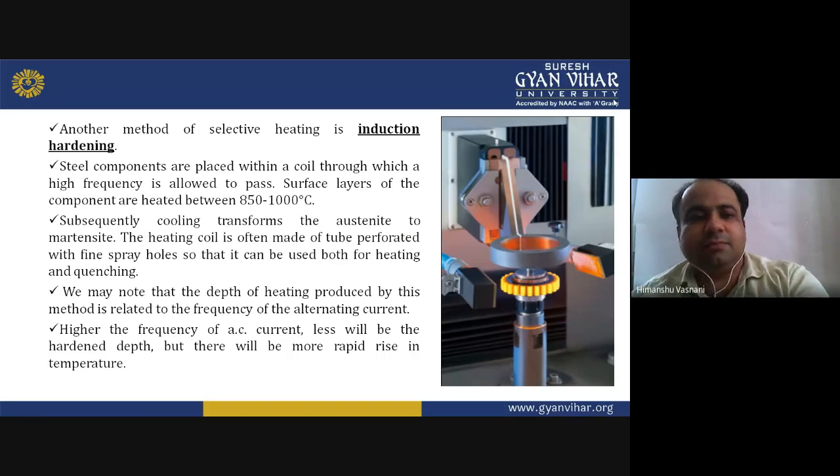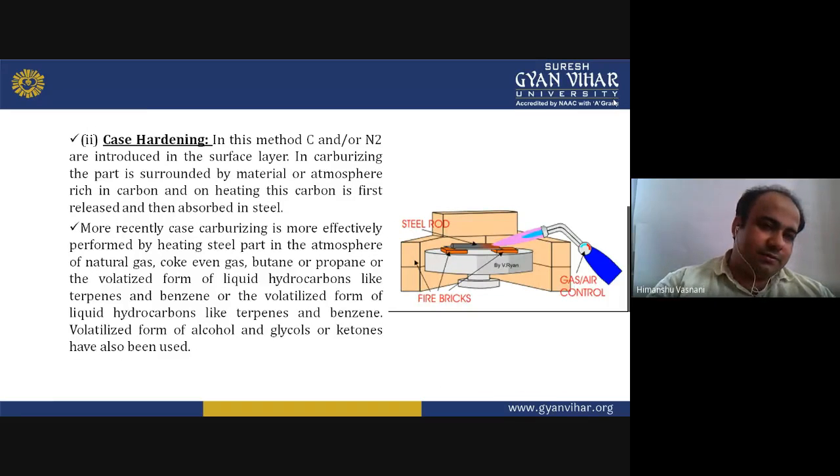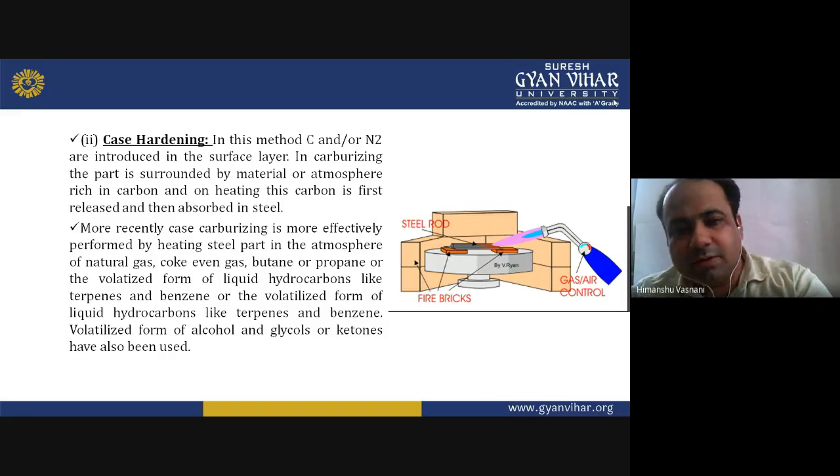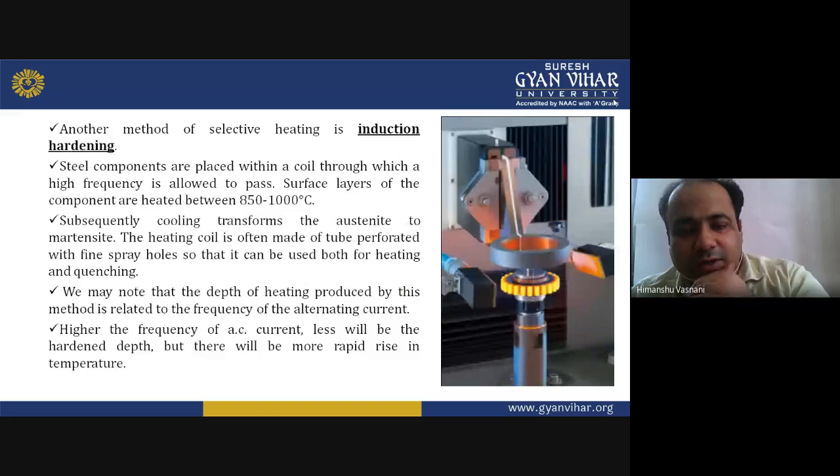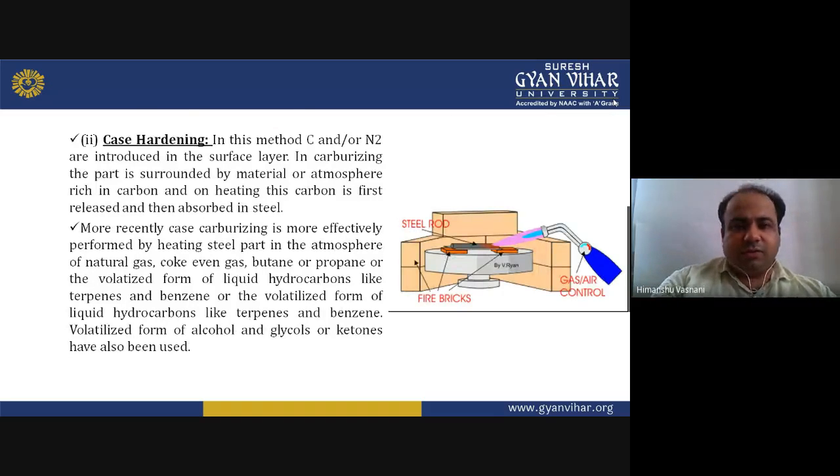Now, the case hardening. We are done with induction hardening, and now we go to case hardening, which is also a very important thing. In this method, carbon or nitrogen is introduced into the surface layer.